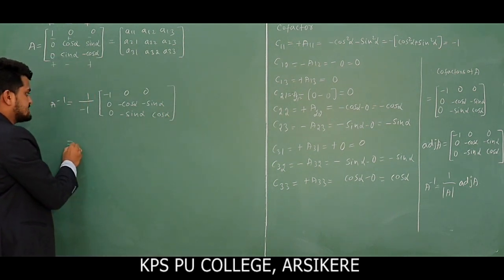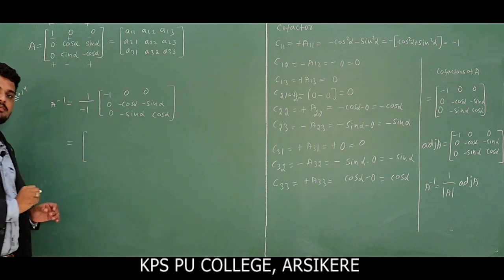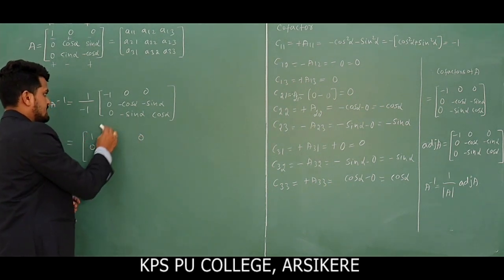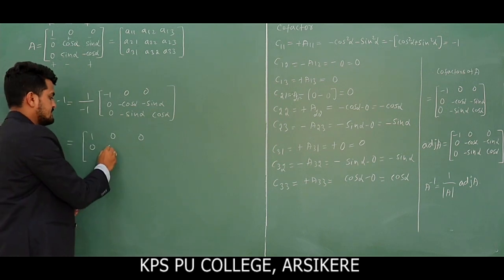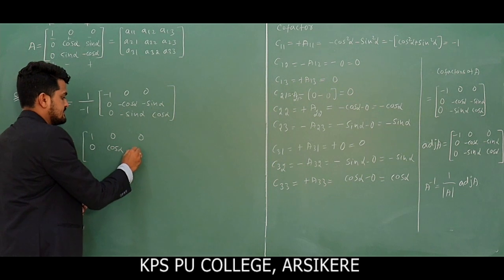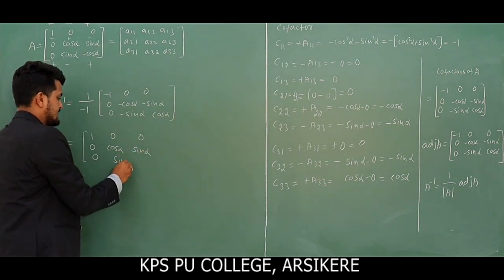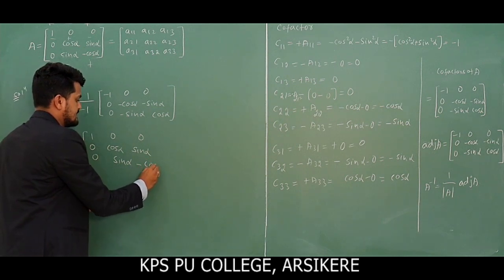So dividing each term by minus 1: minus 1 by minus 1 is plus 1, 0, 0; 0, minus cos alpha by minus 1 is cos alpha, minus sin alpha by minus 1 is sin alpha; 0, sin alpha, minus cos alpha.